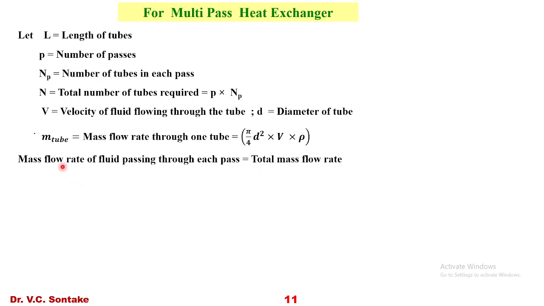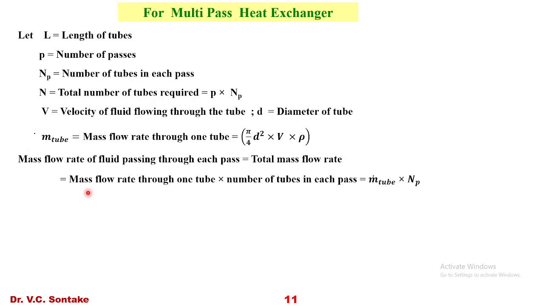So the total mass flow rate of fluid passing through each pass will be equal to the total mass flow rate, given by the mass flow rate through one tube into the number of tubes in each pass. So m dot is equal to pi by 4 d square into V into rho into NP.